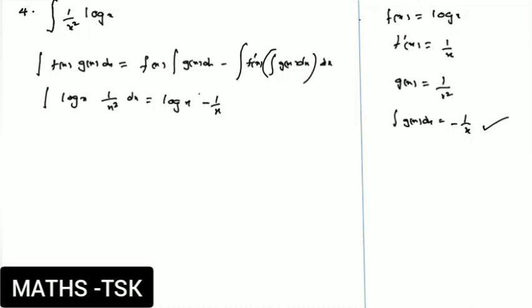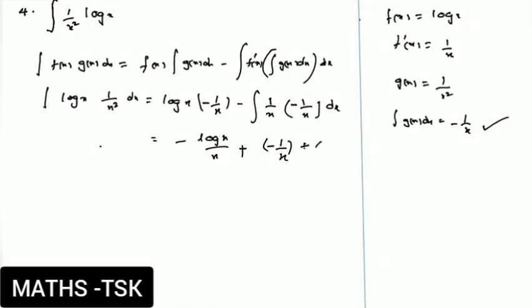That is minus 1 by x, minus integration of derivative of log x into minus 1 by x into dx. Now the formula gives minus log x by x plus integration of 1 by x square, which is again minus 1 by x. So the answer is minus log x by x minus 1 by x plus c.